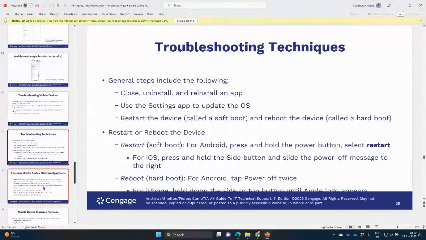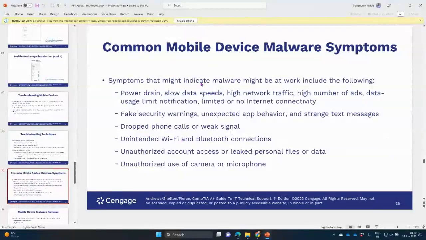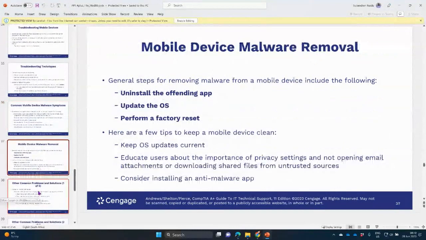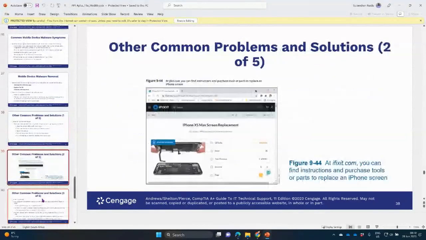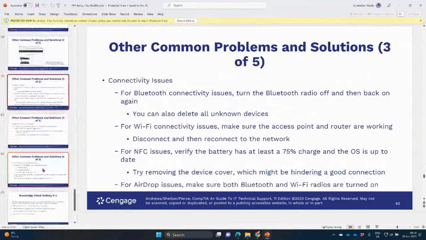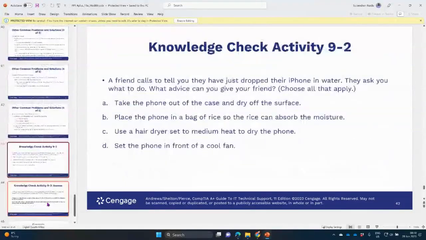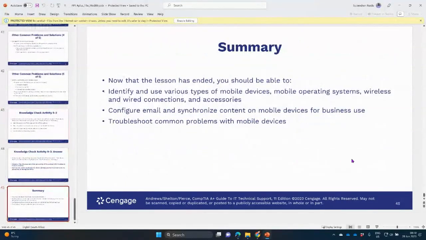There's some steps that I can use here as well. Common problems, malware. Okay, so I've familiarized myself now with all of the content that's available, both on Learn and then also in my textbook.